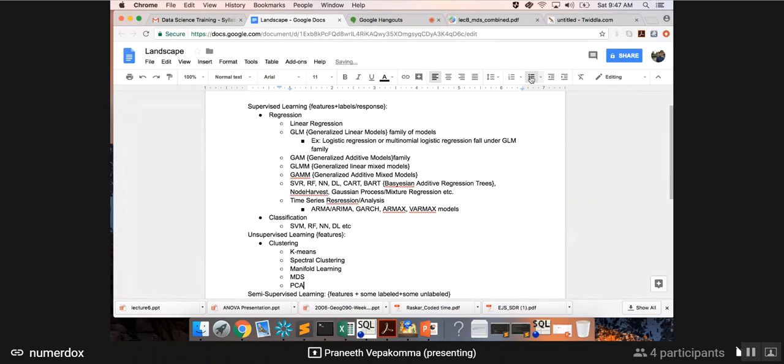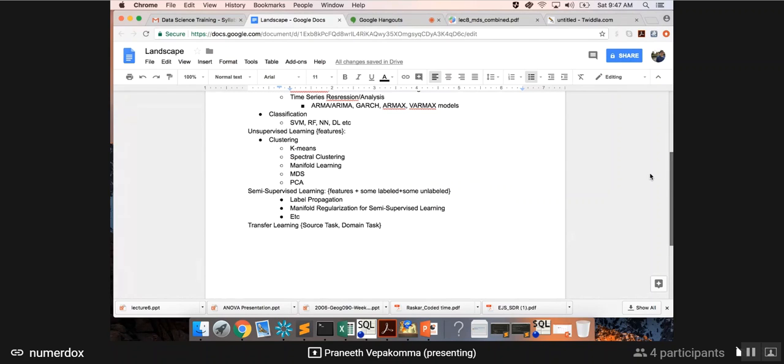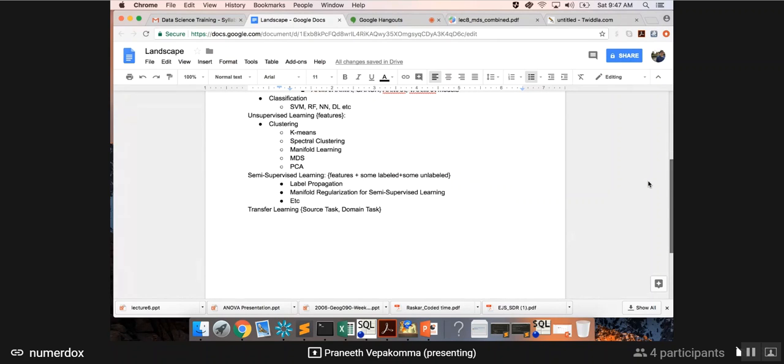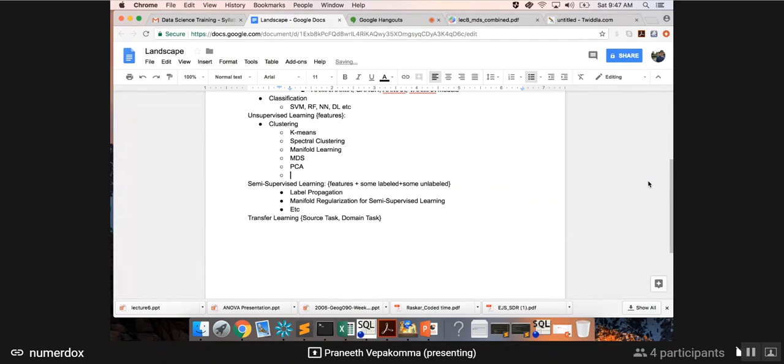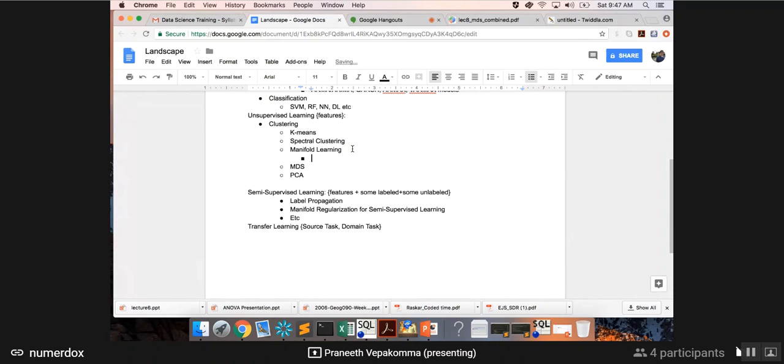Multi-dimensional scaling, PCA, and so on. In manifold learning, you have Isomap, Eigen maps, PCA, diffusion maps.